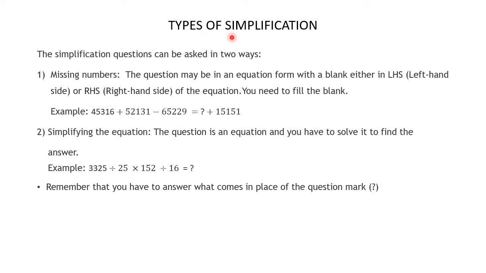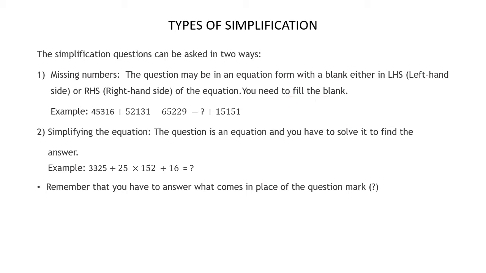Let's look at the types of simplification. The simplification questions can be asked in two ways: missing numbers and simplifying the equation. Missing numbers: the question may be in an equation form with a blank either in the left hand side or the right hand side of the equation.